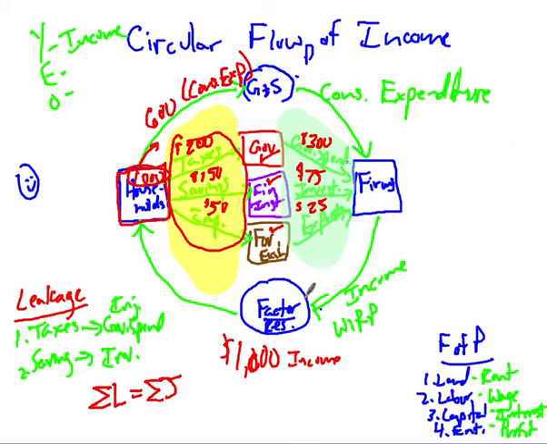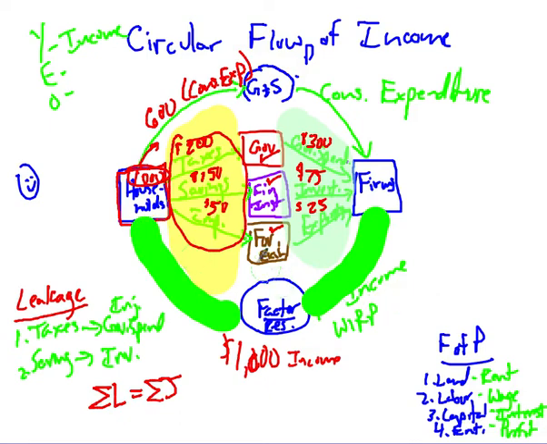There are no leakages coming from the firms. The firm's flow is pretty strong. It's $1,000 of income, and then when we get to the household, it will split up. Most of it will go to consumption, some will go to taxes and savings, and then imports.